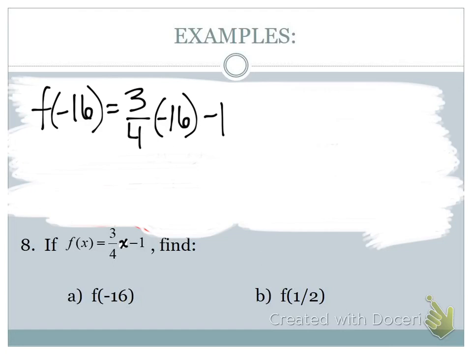Either way, 3/4 times negative 16, what did we get? Negative 12. Still subtracting 1 from that, so we get negative 13. So the function evaluated at negative 16 is equal to negative 13.